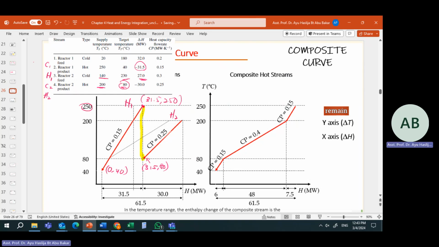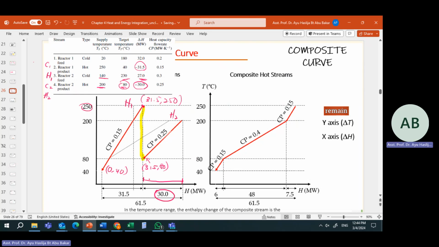Now, how do we know the x-axis of this T supply? Delta H. For H2, from 200 to 80, you have a delta H of 30, which is the distance. Delta H is the x-axis. So from here to here is 30.